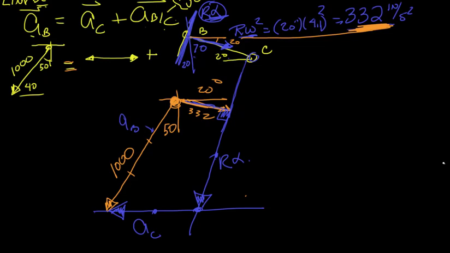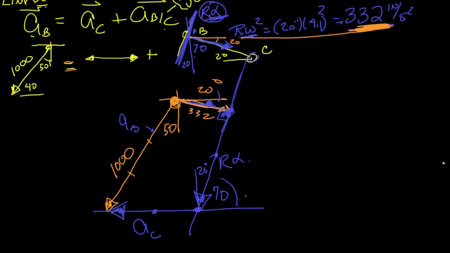We look up here, this is 70 degrees from the vertical, which will make that 20, which plus 90 will make this 110 degrees inside of here, which will make that 20 degrees. This angle right here was 20 degrees. And with that, we can solve this.